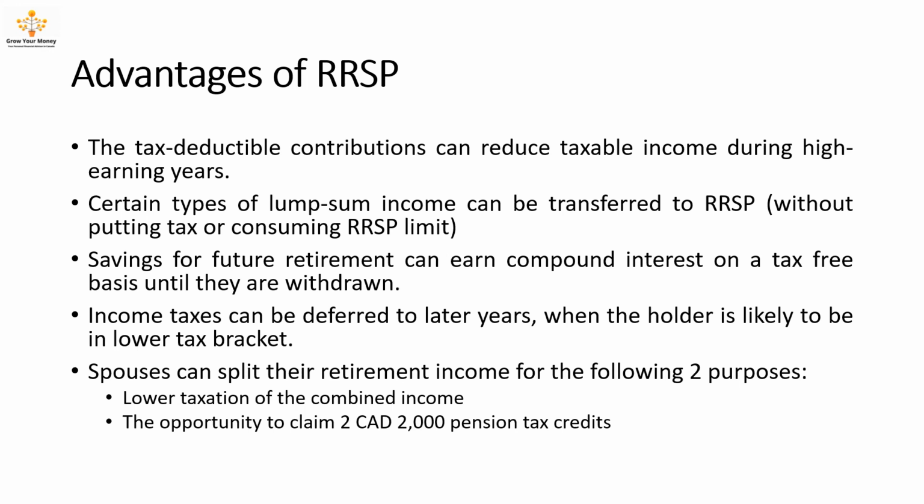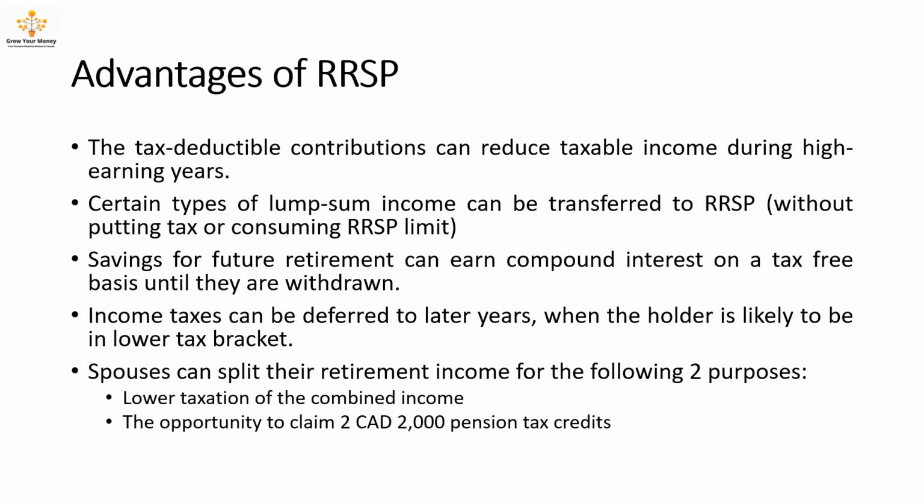So let us understand what are the advantages of RRSP. The tax deductible contribution can reduce taxable income during high earning years. Second advantage is that certain types of lump sum income can be transferred to RRSP without paying tax or consuming RRSP limits. Third advantage is savings for future retirement can earn compound interest on a tax-free basis until they are withdrawn.